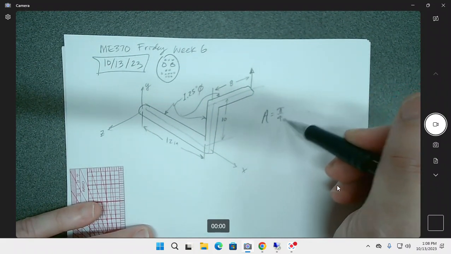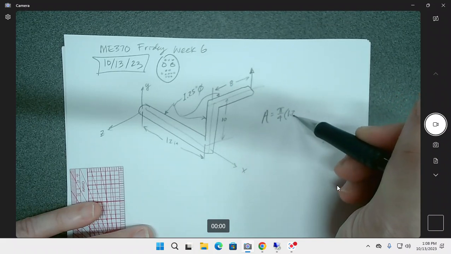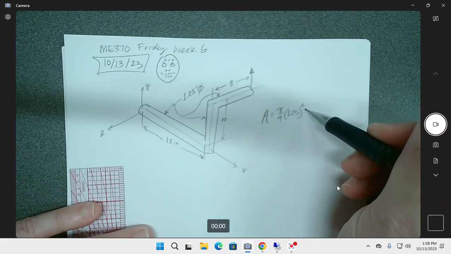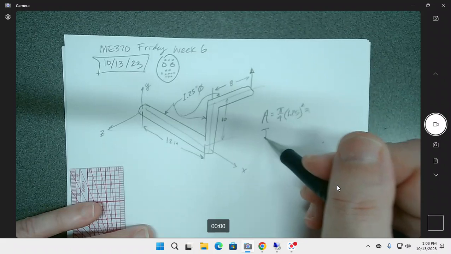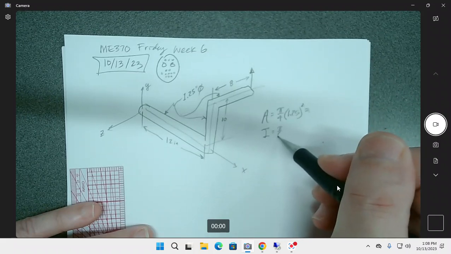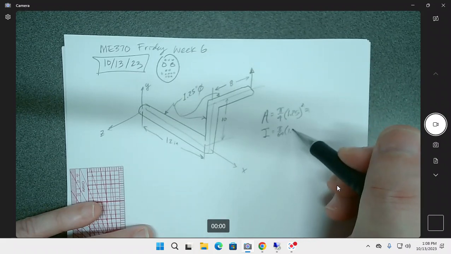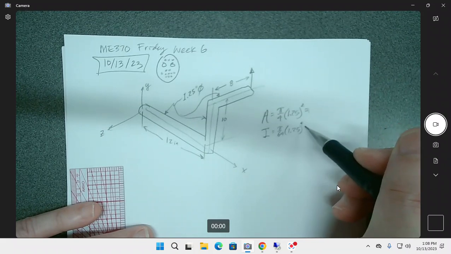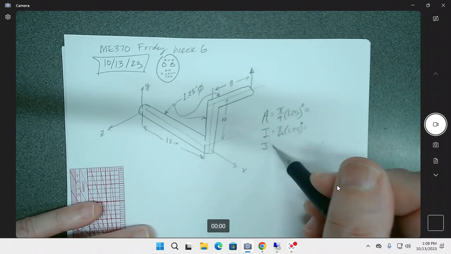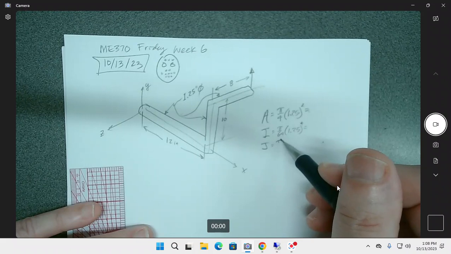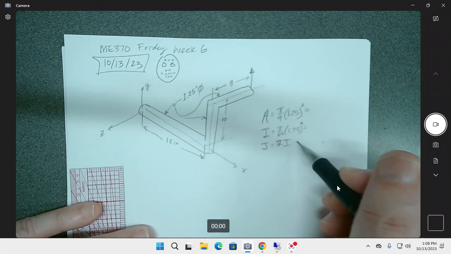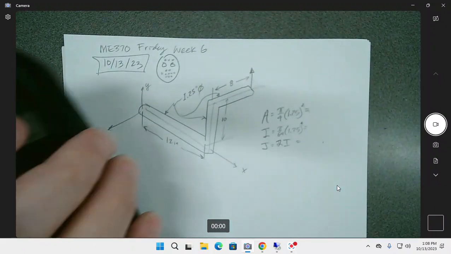So A is pi over 4 times 1.25 inches squared, and I is pi over 64 times 1.25 inches to the fourth, and J is just 2I.